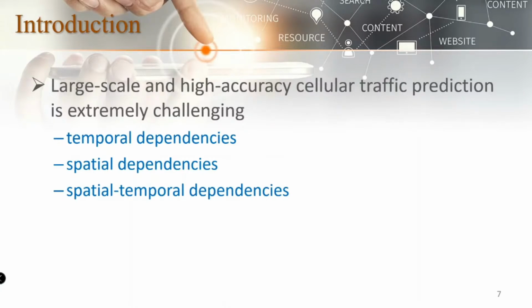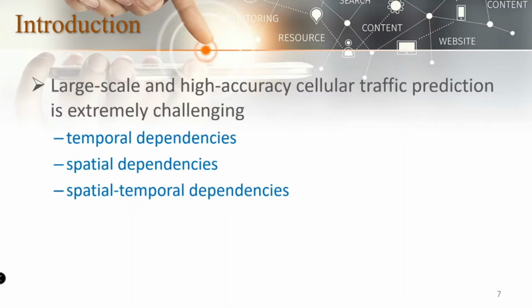For temporal dependencies, cellular traffic will change over time due to user behavior, network applications, and diverse network requirements. For spatial dependence, data traffic includes mobile users and static users.